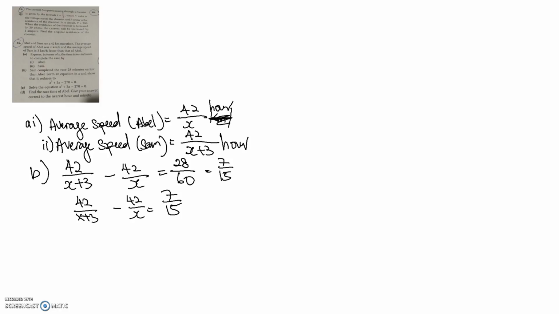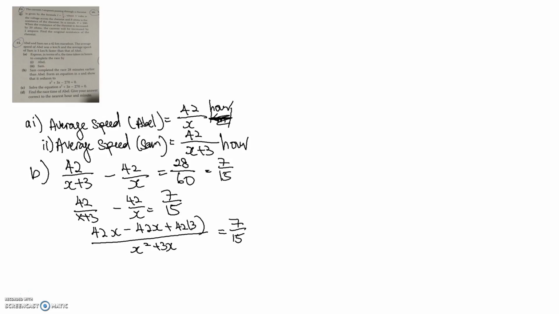Okay, so I think it's going to be straightforward. What we need to do is express the left side in terms of a common denominator. So on the left hand side, 42x minus 42x plus 42 times 3 over x squared plus 3x equals 7 over 15.